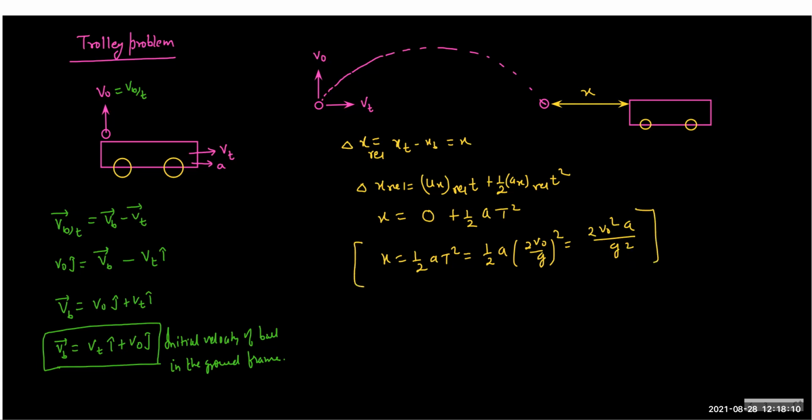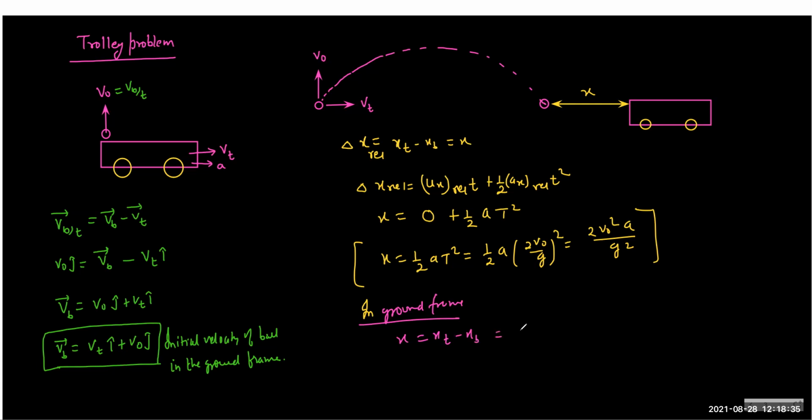Or if you want to solve in the ground frame, even that's easier, not a big issue. Why is it easier? Because you can find the trolley displacement, find the ball displacement, and just subtract. So in the ground frame we can always solve, as I said. So x refers to x trolley minus x ball, and this is so easy.